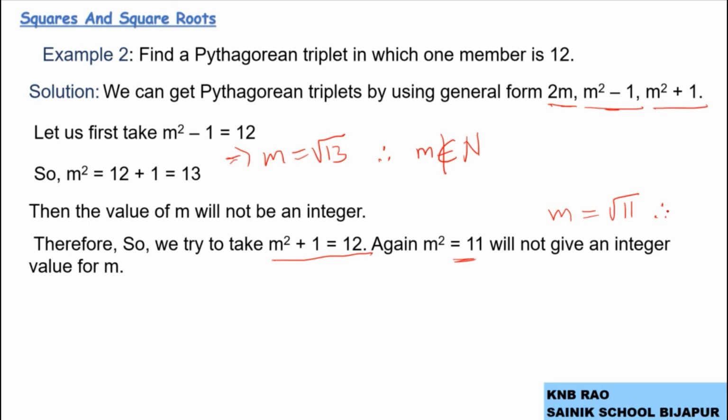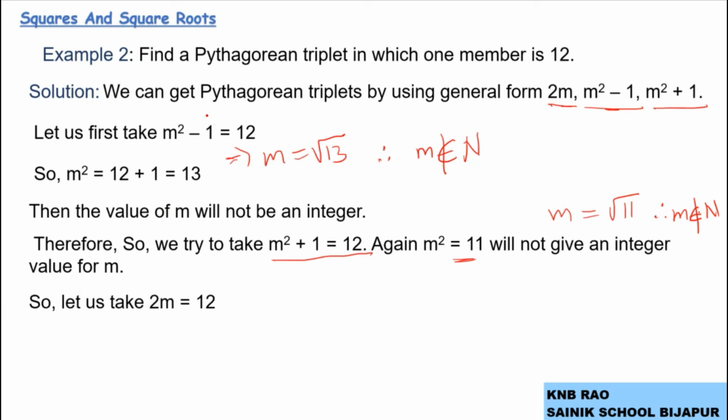Again, m doesn't belong to the natural number set. For the same reason, we avoid equating m square plus 1 to 12 also. Now we are left with only one option, equating 12 to 2m.